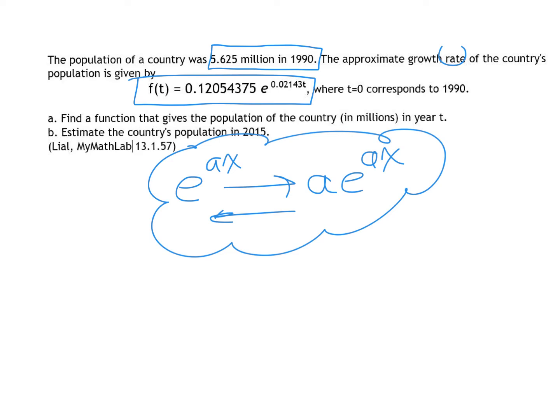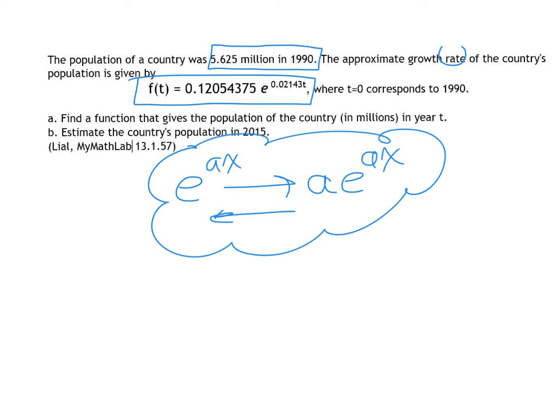I'll make it bigger so you can see all those decimals. But where t equals 0 corresponds to 1990. Okay, so here's our information. We see it's an e function. Our baseline year is 1990, so we've really got to pay attention to that. We get so used to it being 2000.